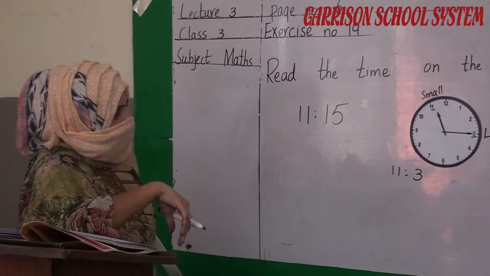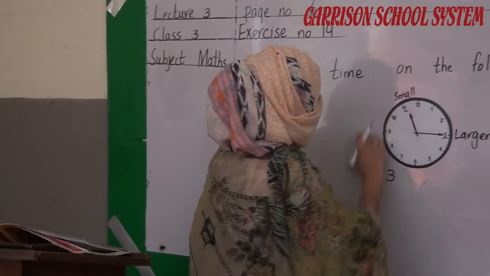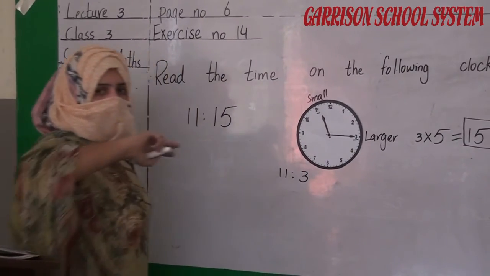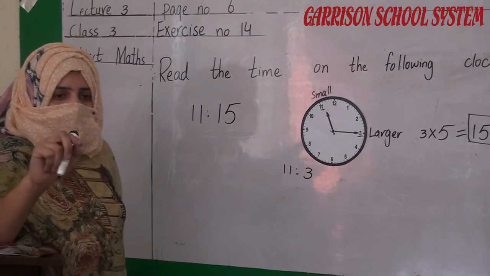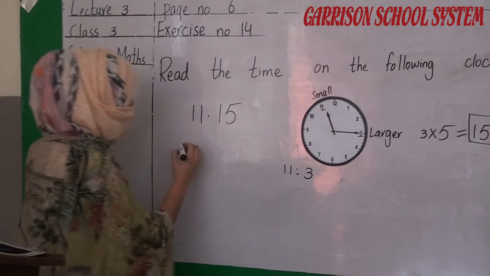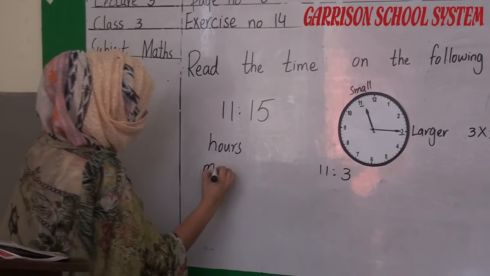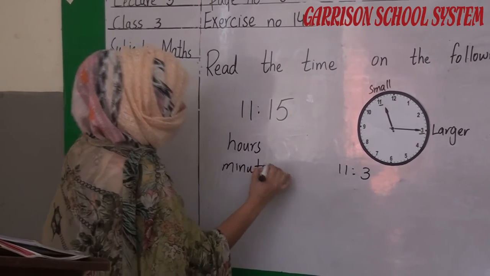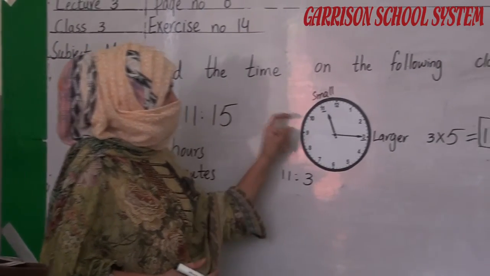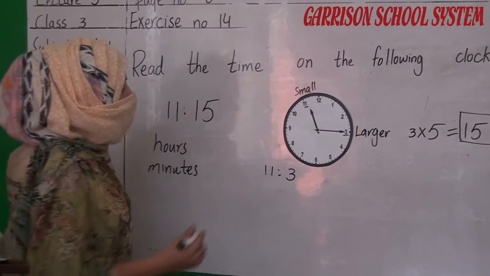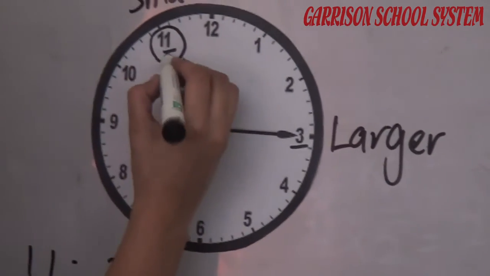Understand students? I am telling you one more time. When you have to watch the time, first of all we have to look at both hands. Which is the small hand? Which is the larger hand? Small hand shows the hours and larger hand shows the minutes. Understand? Next, we have to observe on which number small hand is moving. Small hand is moving near about 11 number.